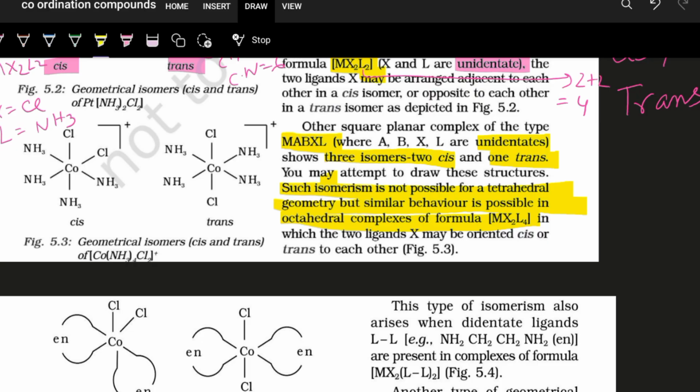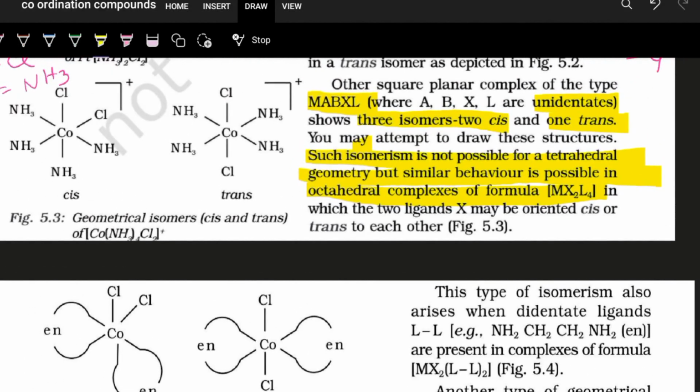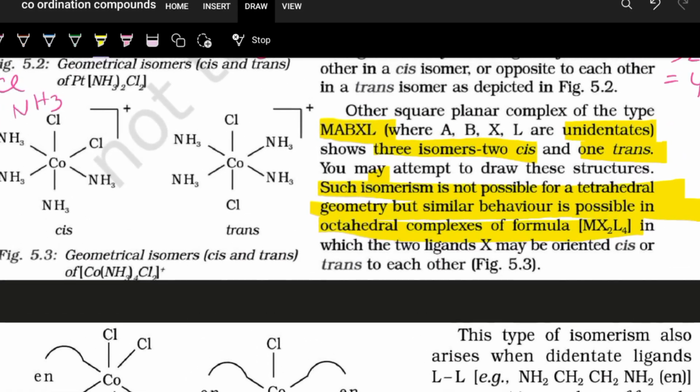They can be MABXL type, where they are all unidentate ligands. This type of isomerism is not possible for tetrahedral geometry, but is possible for octahedral complexes. We will try to represent them.